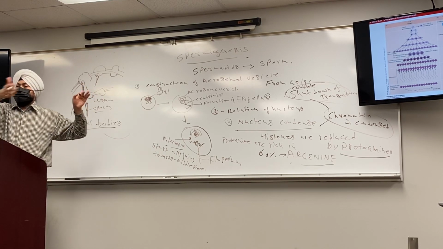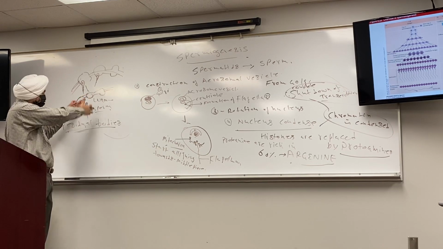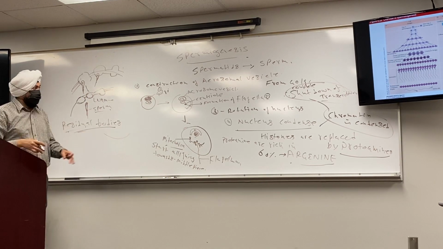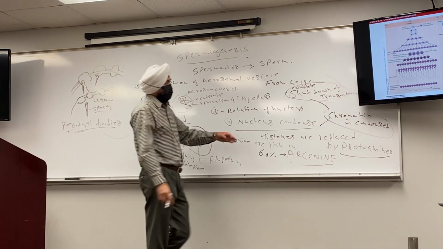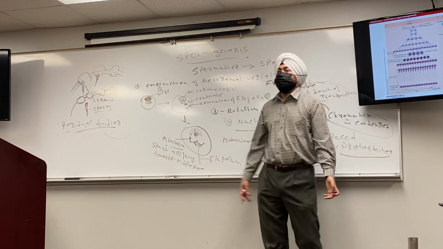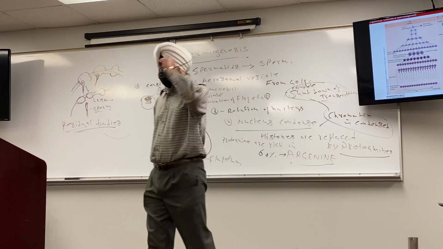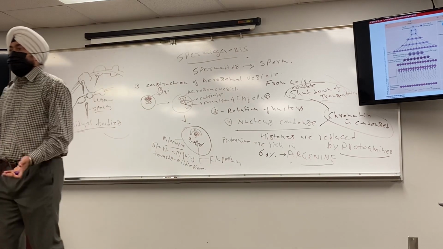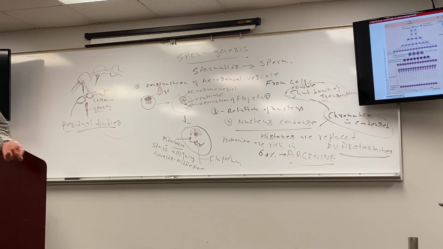So all the cytoplasm is left behind and the sperm is released in the lumen, and the rest of the cytoplasm is called the residual body or the cytoplasmic droplets. Essentially those are the drops of cytoplasm left behind, right? That is making sense? Any question, any doubt here?